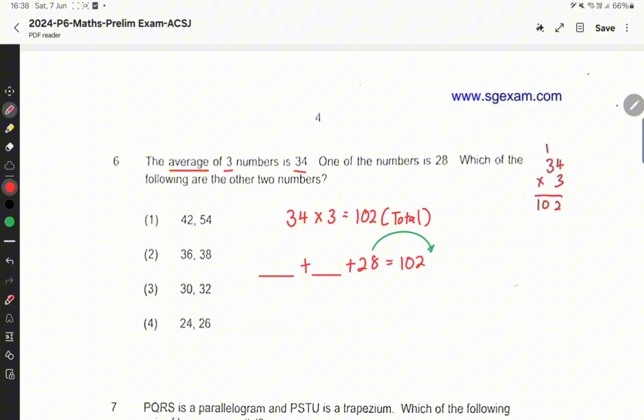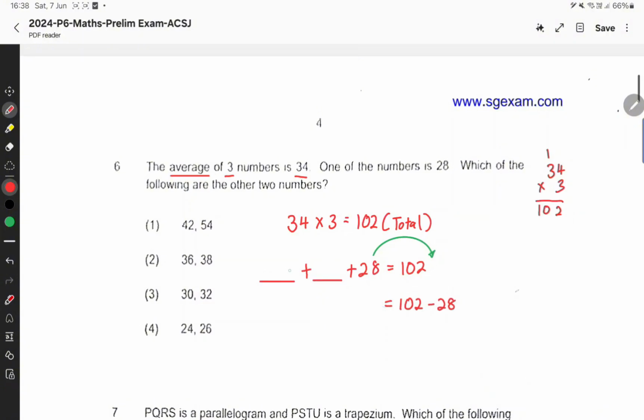So right now this is plus 28. When we bring it over the equal sign, it will become minus 28. So 102 minus 28. Because we do not know these 2 blanks over here, we will just write down what plus what equals 102 minus 28.